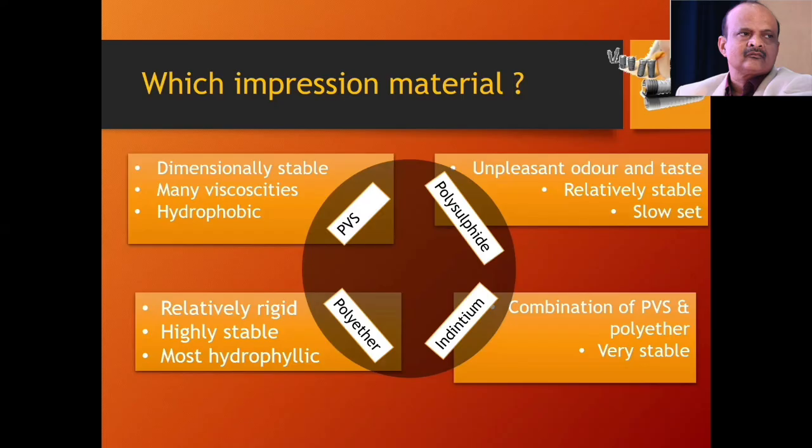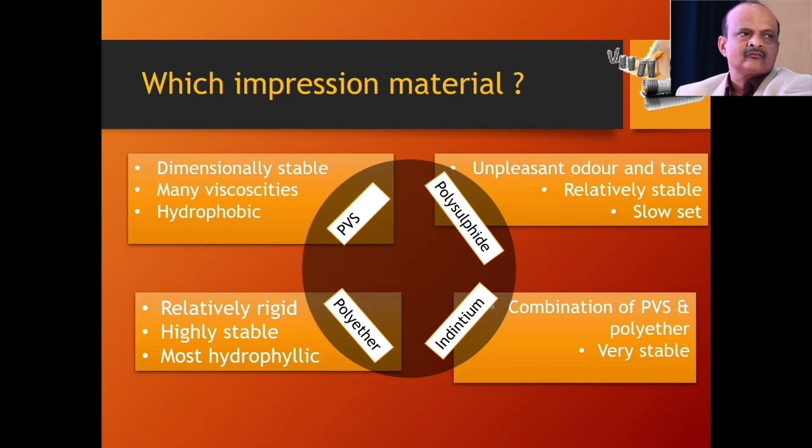The condensation silicones have a byproduct which makes them dimensionally a little unstable. Then polyvinyl siloxanes are the most versatile and dimensionally stable materials, available in many viscosities, and they are hydrophobic in nature.